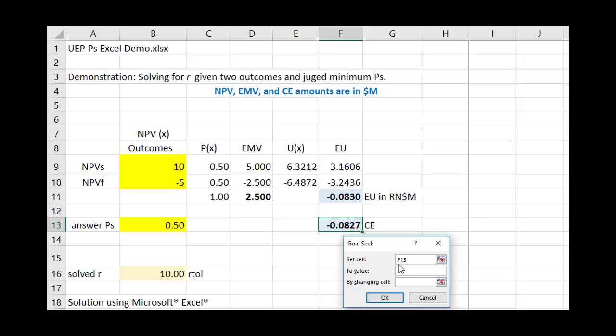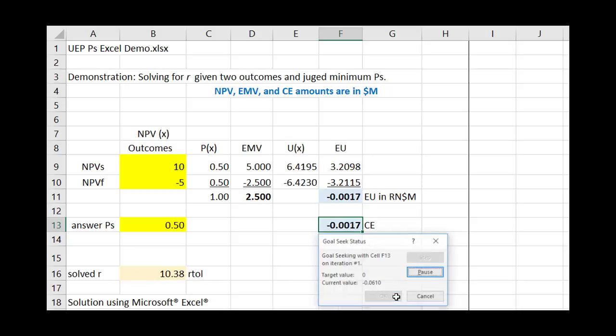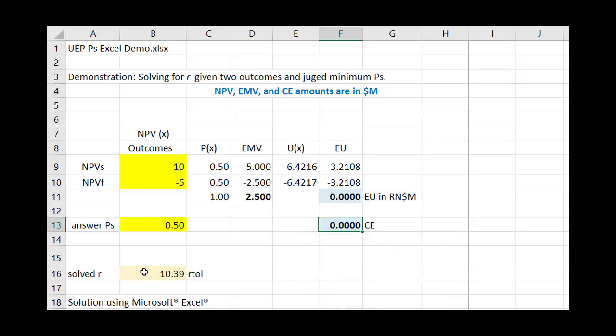So I want to set this cell equal to 0 by changing the risk tolerance coefficient. And we find that when R is 10.39 million and all these other parameters are the same, we have break even. Our certain equivalent is just turning positive, as is the expected utility.